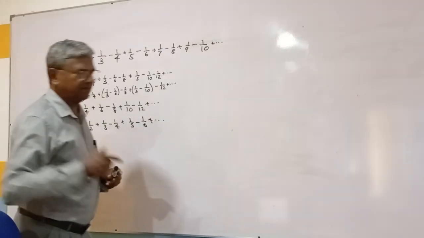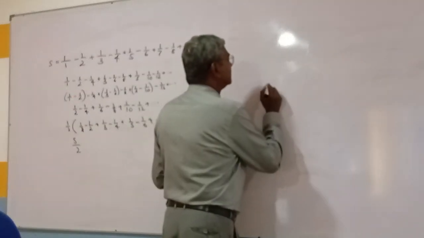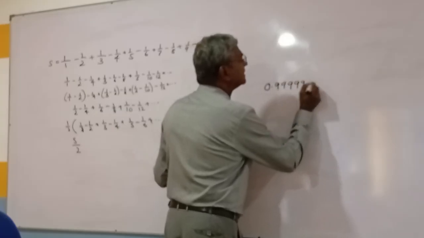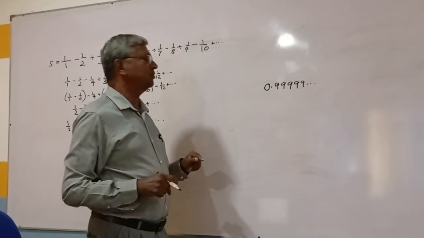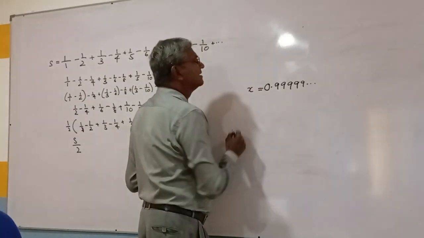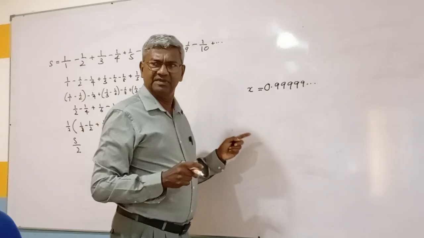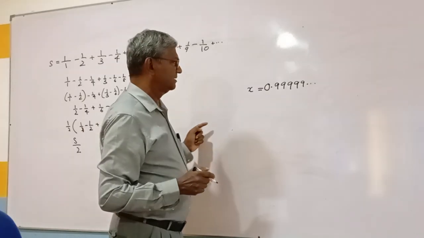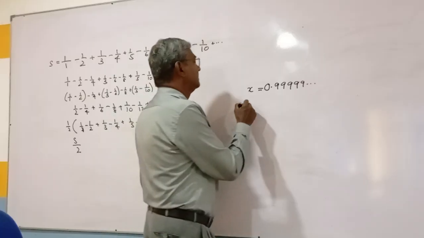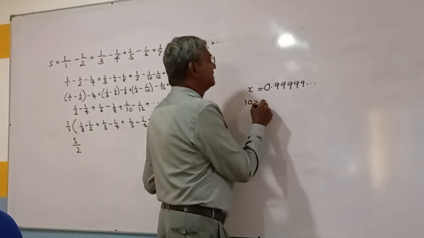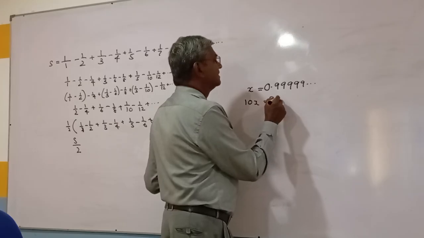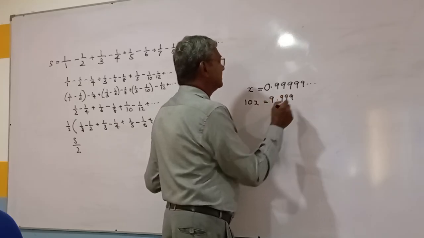So, one day I asked, and you replied. I asked, 0.999... is equal to 1. You told me, if this is x, then 10x is 9.999..., you multiply by 10.